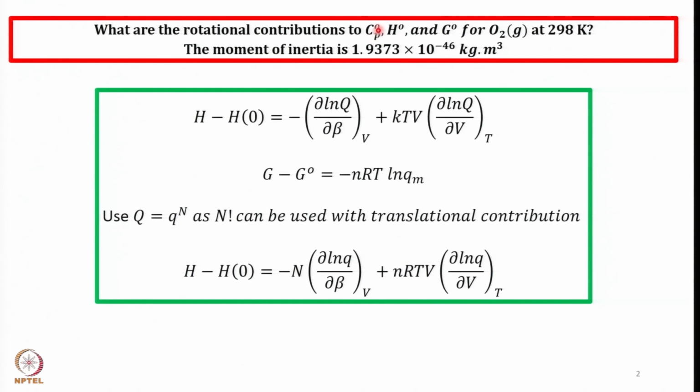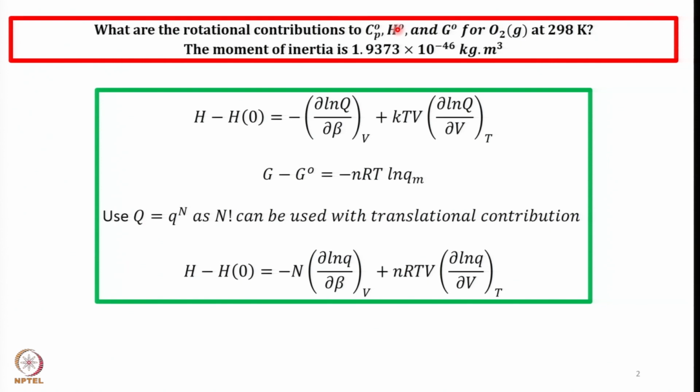The thermodynamic quantities to be addressed are heat capacity, enthalpy and Gibbs free energy. Heat capacity and enthalpy are connected with each other. Once you have an expression for enthalpy, you can take its temperature derivative, and it becomes heat capacity.